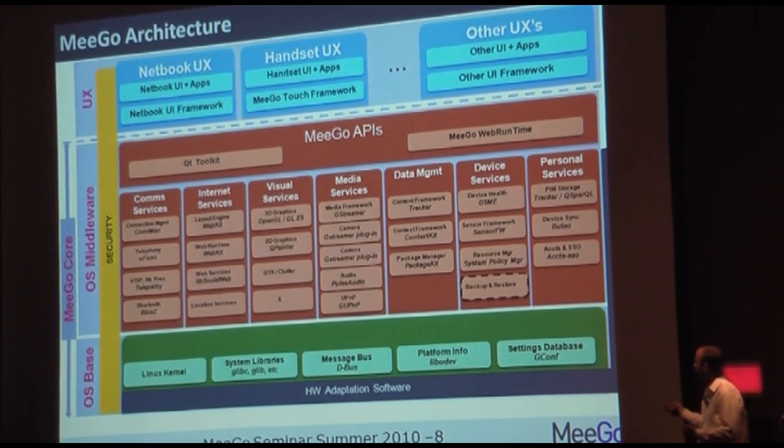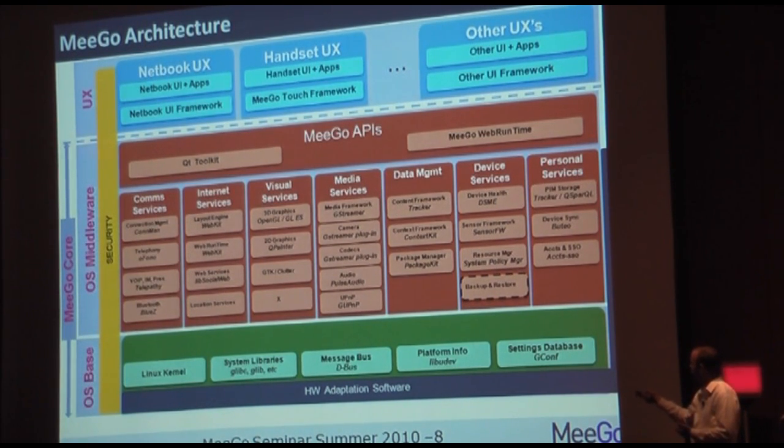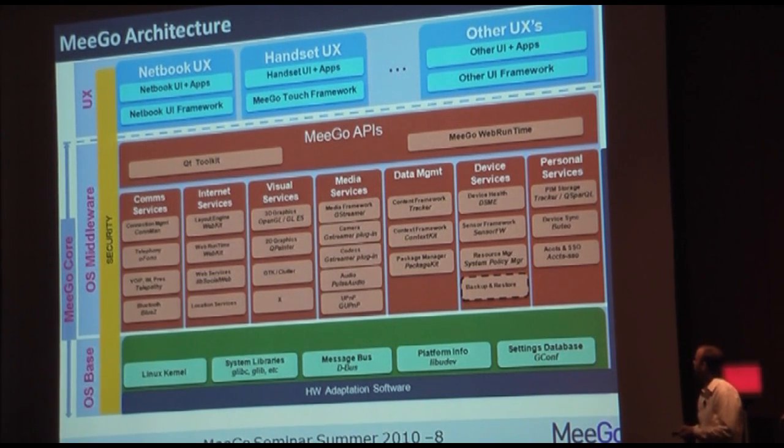And within that, we divide that into what we call the OS base and the OS middleware. So those are the 2 parts of the MeeGo core. On top of the core, we have the reference user experiences. So we have netbook and handset today. And as I said, I do expect we'll see others in the future.